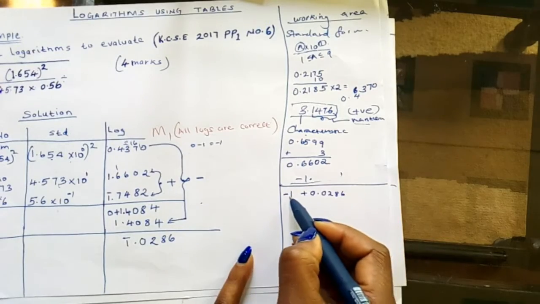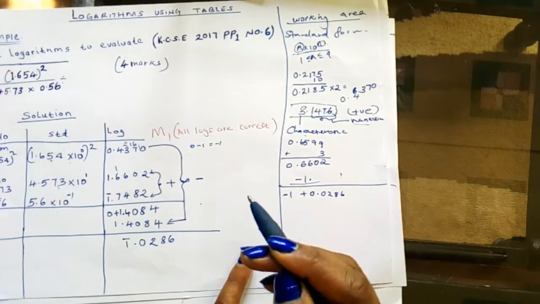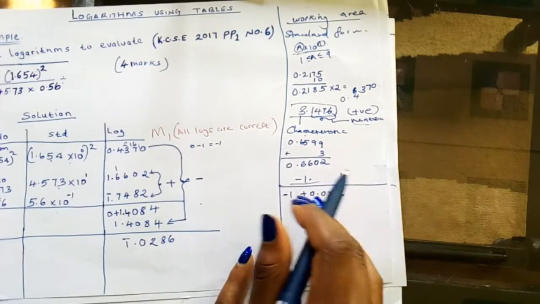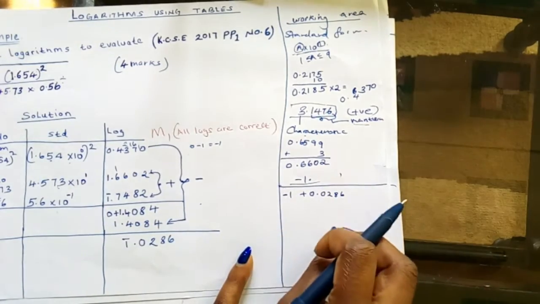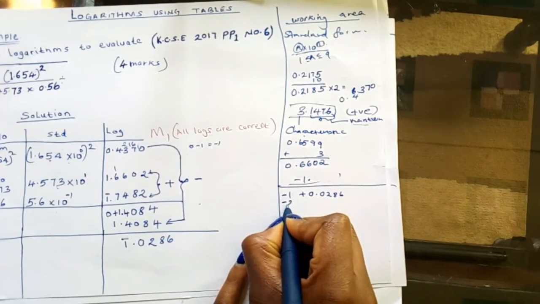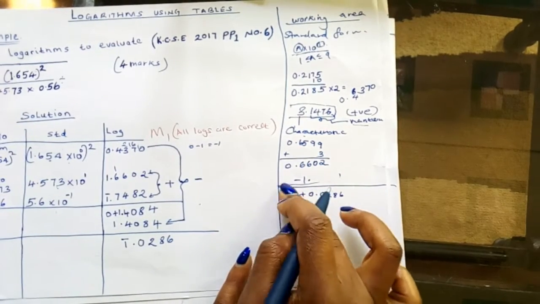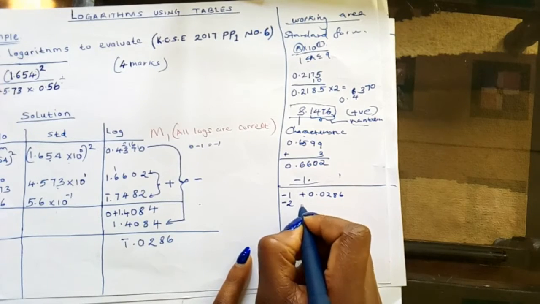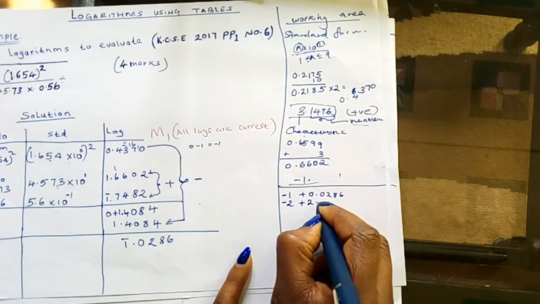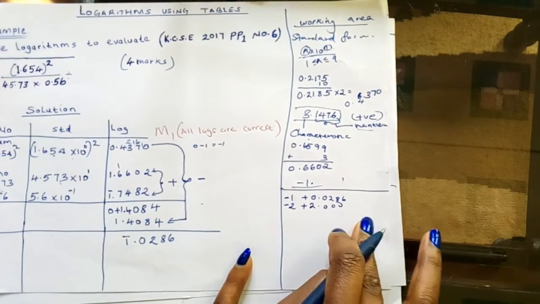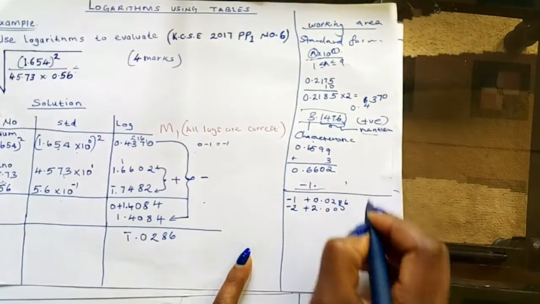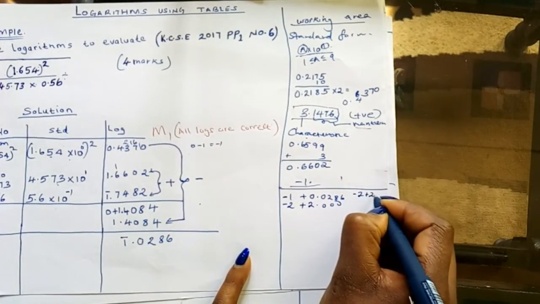We are going to make the characteristic divisible by 3 without altering the value of the log. So we add -2 so that we have a cumulative -3. But we also add +2 here, so that we have added nothing, because -2 + 2 is equal to 0.